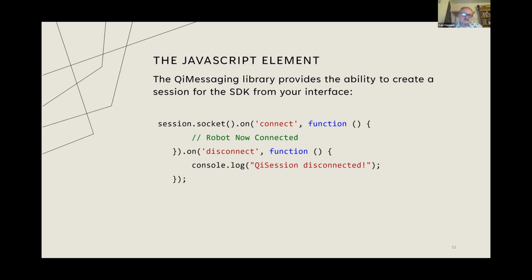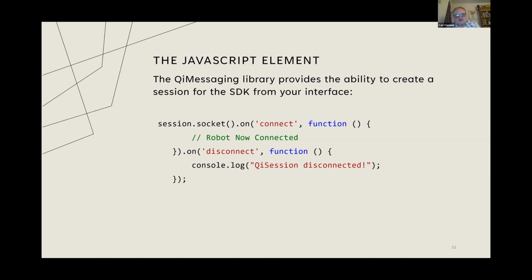Right, the first thing that you need to do once you've included all those things into your HTML interface, in the JavaScript element, you need to create a session to the robot. Now, thankfully, because this is actually running all on the robot, you don't have to worry about specifying which robot or an IP address or anything like that.